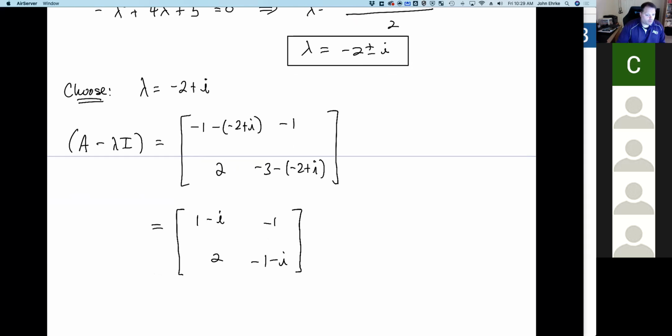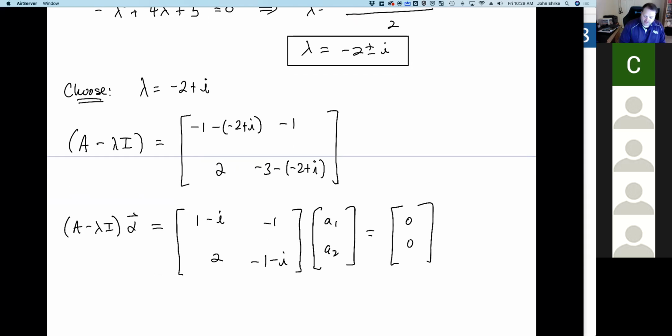Now, with that matrix in tow, what we typically do is look at A minus lambda I times alpha, where alpha is, let's say, A1, A2, and we set this equal to 0, and we figure out the weights for the columns to make these cancel out.